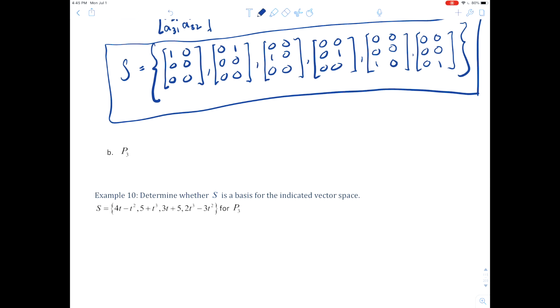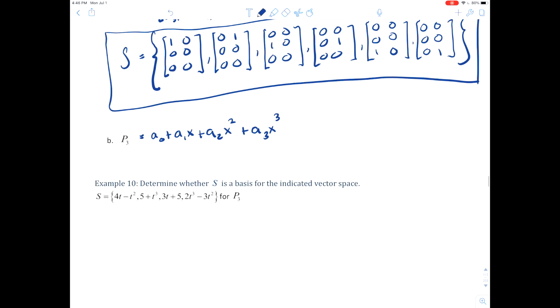Okay, now P3. So if you think about P3, isn't that A0 plus A1x plus A2x squared plus A3x cubed? All right, so just like before, in turn, you want to let each of the coefficients, one of them equal 1 and the rest equal 0.